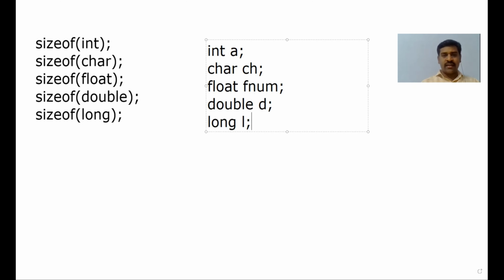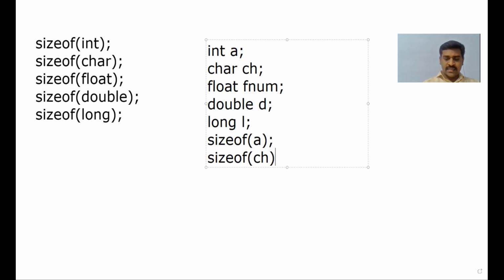Like this I have declared variables. Now if I want to find out the size of these variables, how do I write the syntax? sizeof(variable name). What are the variable names? Integer variable a, and now I want to find out the size of the character variable, that is ch.